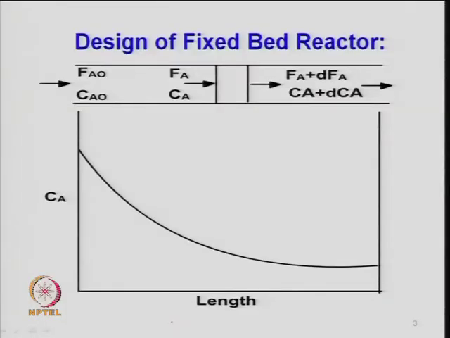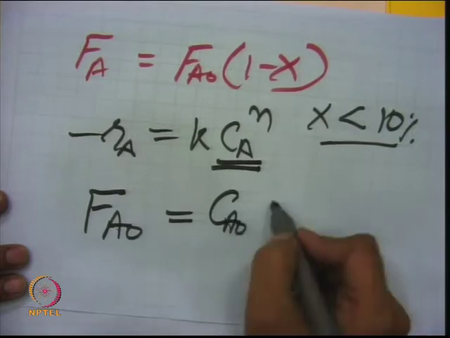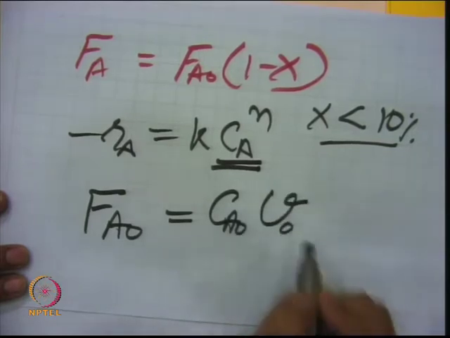What I mean to say is that you can write either in terms of the molar flow rate, this is FA naught, the inlet molar flow rate, moles per unit time, and this is its concentration, which is CA naught, gram mole per liter. And there is a relation between FA naught and CA naught. All of you know that FA naught is equal to CA naught concentration multiplied by the volumetric flow rate.